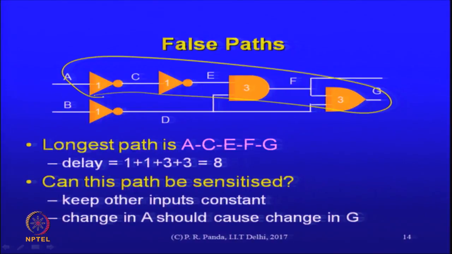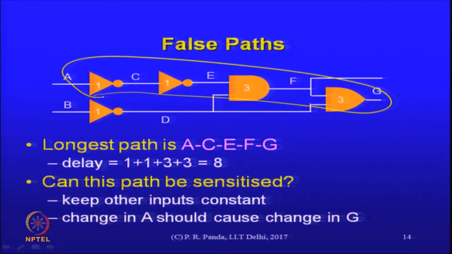So, while it seems fine, the question is, can this path be sensitized? For example, if you run a simulation with data, will you actually get that delay or not? You keep other inputs constant.